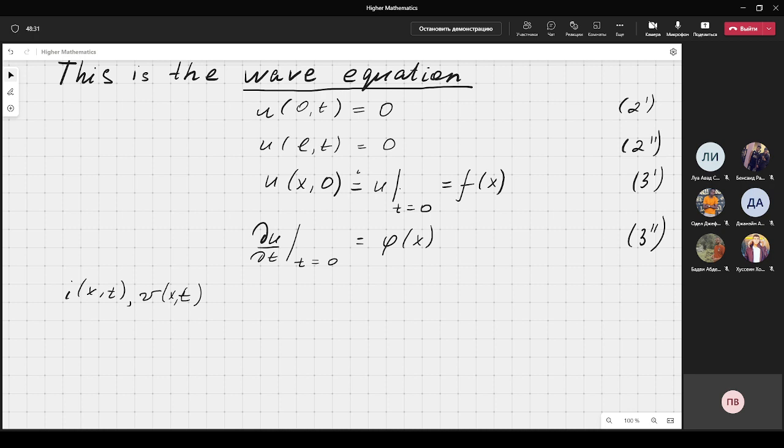Which are dependent on the coordinate x of the point of the wire and on the time t.